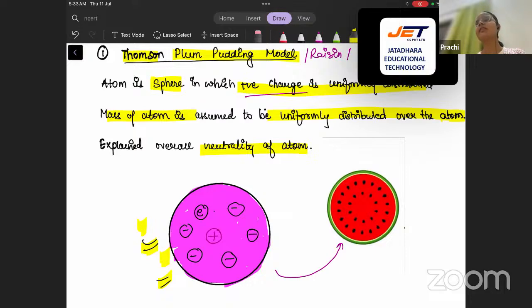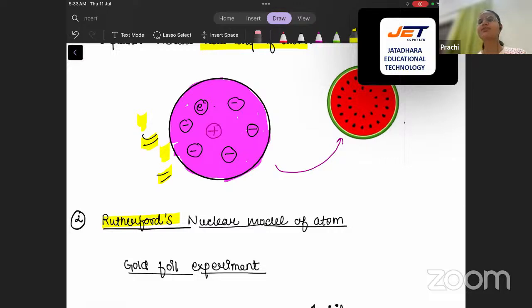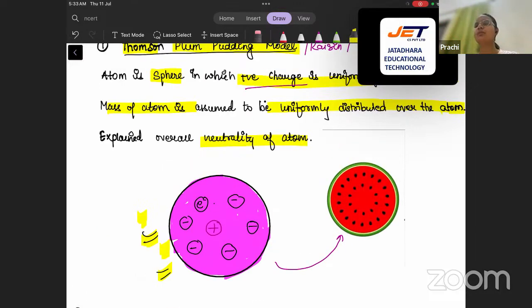Now, what Rutherford decided is, okay, I'll conduct an experiment so that I can explain this thing that we have, the positive matrix and in that we have the electrons. So then he decided, okay, I'll do the experiment and prove that the atom looks like this, which was given by J.J. Thomson.